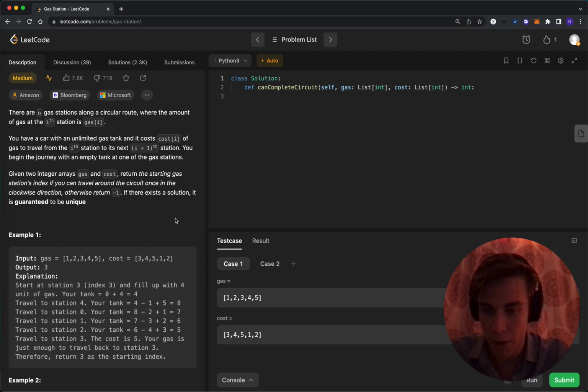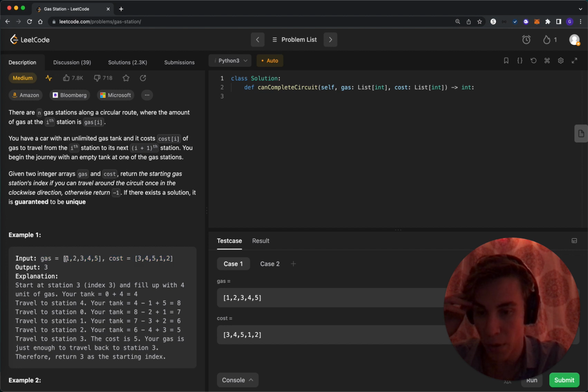start off thinking. Well, I have this gas array and I have this cost array. I guess my initial thought is let's start thinking of an array called the joint array, or the net gas gain array, an array where I don't care about the gas and the cost separately, but I care about the combined net array.